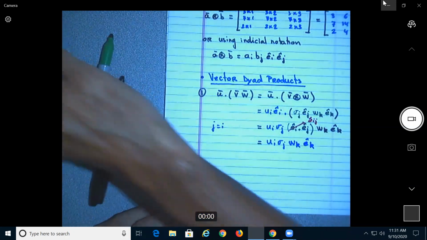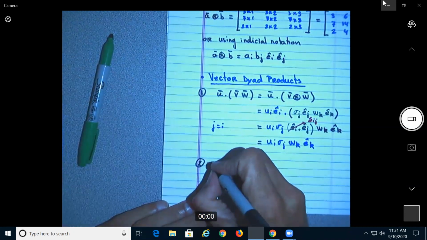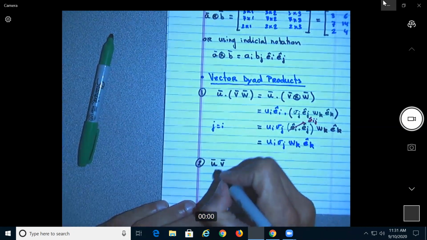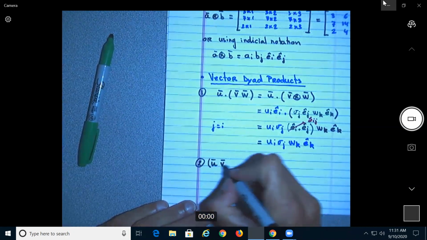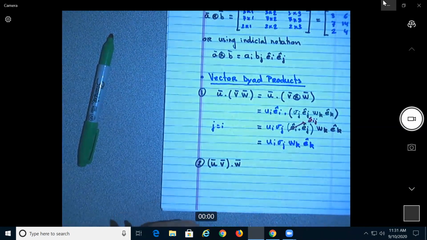All right, now two, you have space. We're going to look at, this time, U dyad V dot W. Okay? So I'm going to go a bit faster.